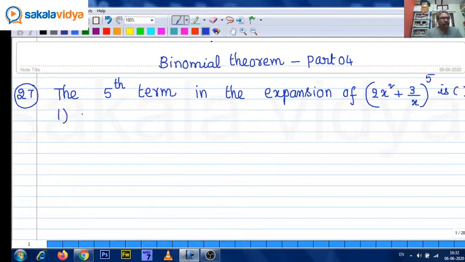First option 810 x to the power of minus 2, second option 810 times x to the power of minus 4.